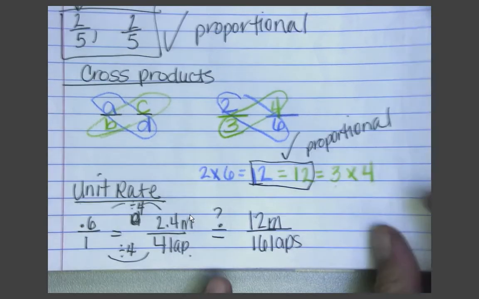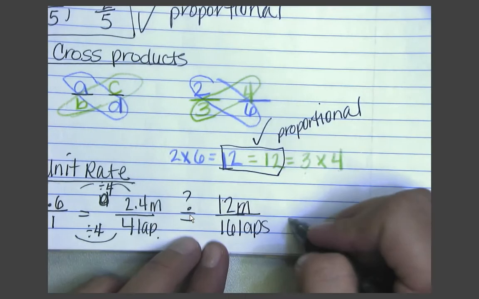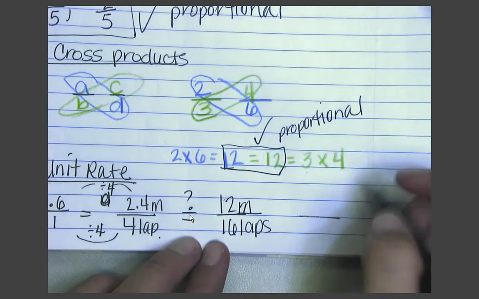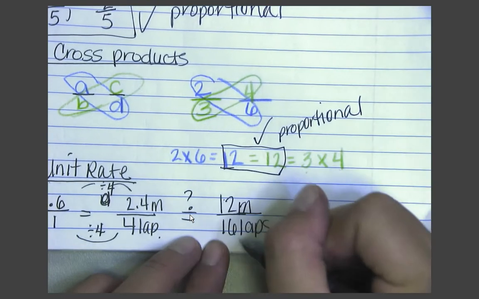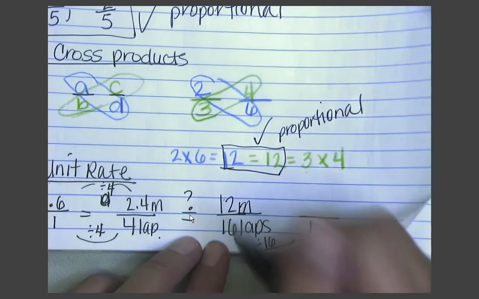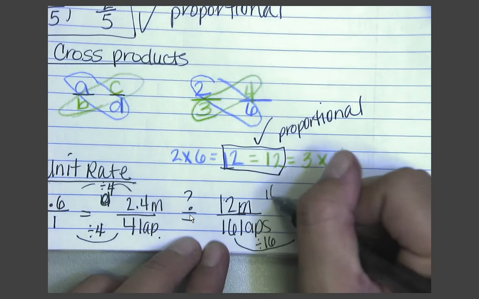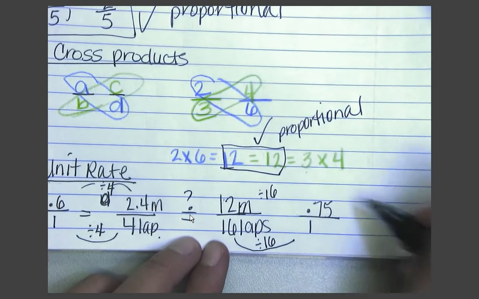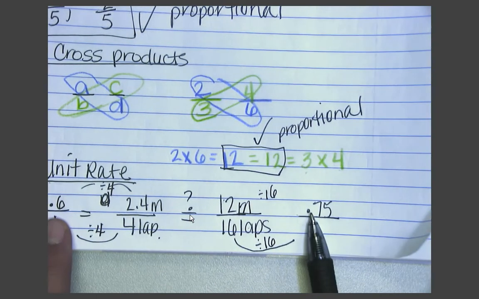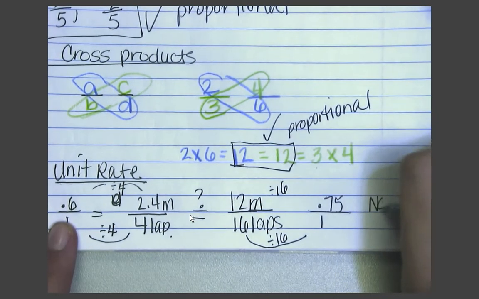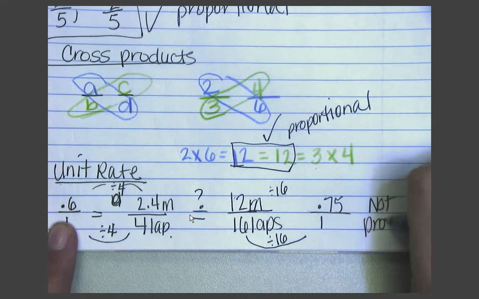Same thing with this one. Now, I want a unit rate, so that means I need my denominator to be 1. Now, how did I get from 16 to 1? I divide by 16. What you do at the bottom, you have to do to the top, and this gives you 0.75. Now, are these two numbers the same? No. So they are not proportional.